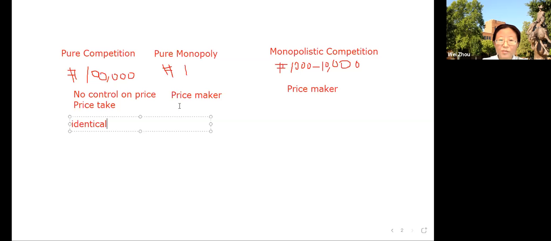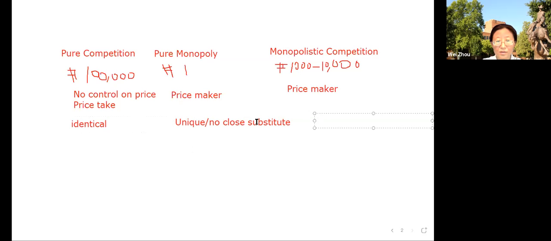Okay, pure monopoly, you have to make something very unique, and not only unique, you cannot have a close substitute.